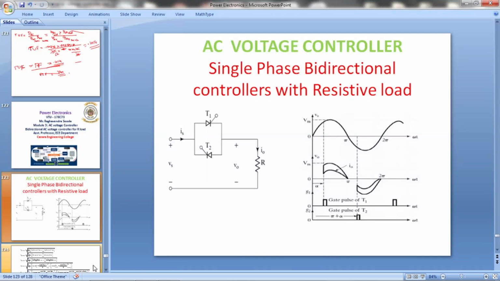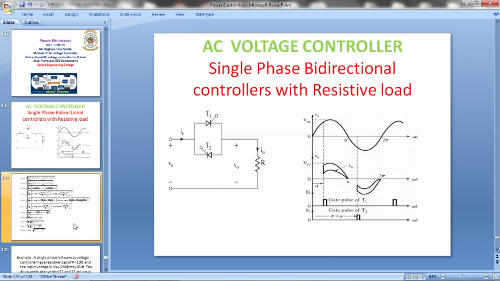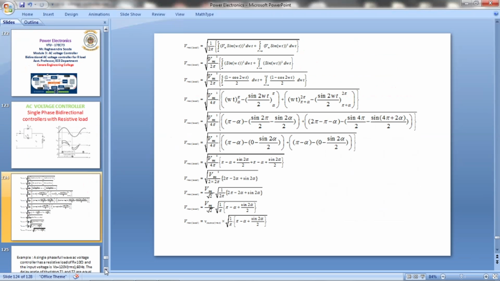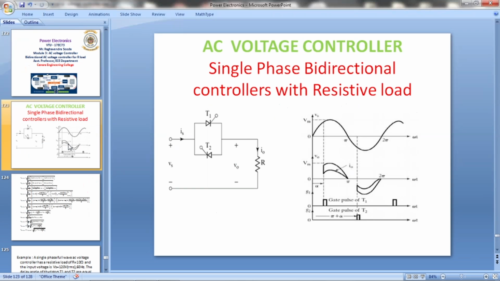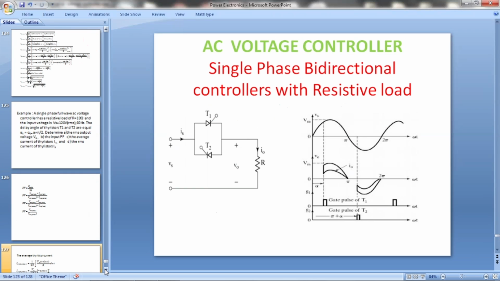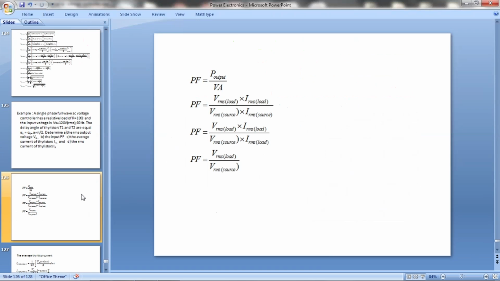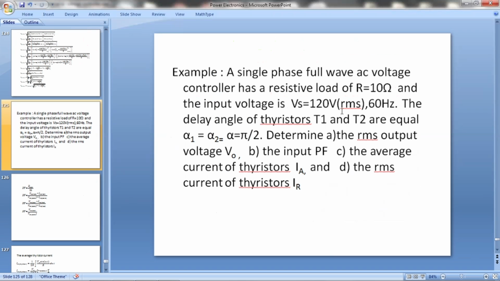First of all, we need to calculate the average voltage. What is the first question he is asking? He is asking us to calculate the RMS output voltage.